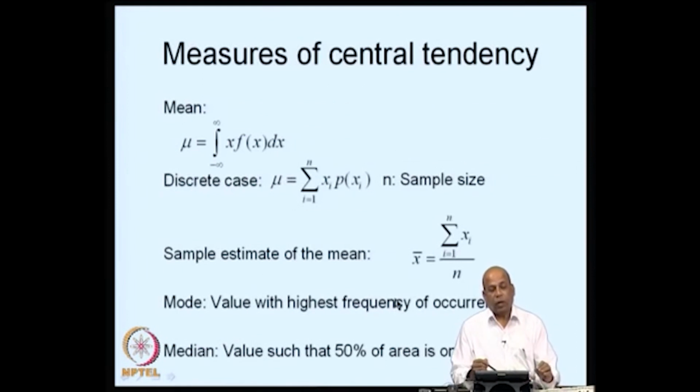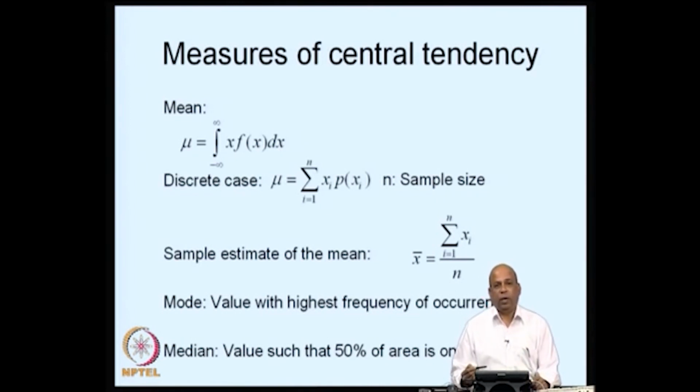Then using these moments, we define several measures which will give the properties of the random variable. For example, how the values are distributed around the mean, what kind of central values we can expect in terms of the mean or the average value, the value with the highest frequency, and the value that divides the distribution into two parts, and so on.